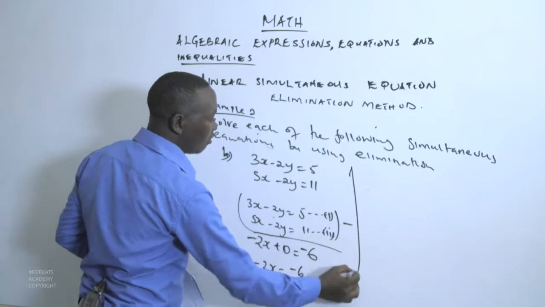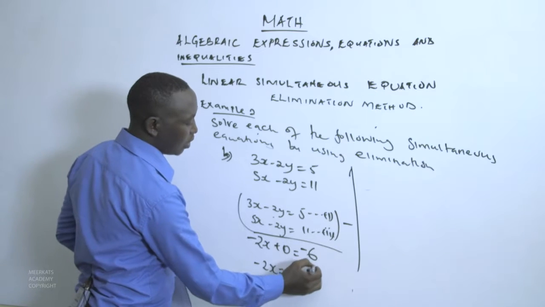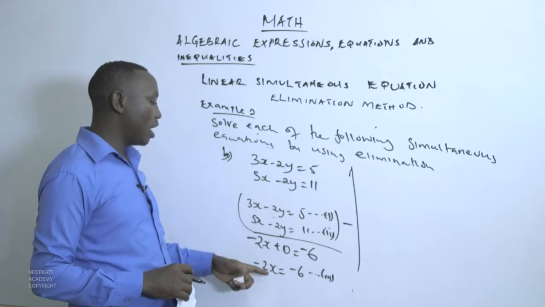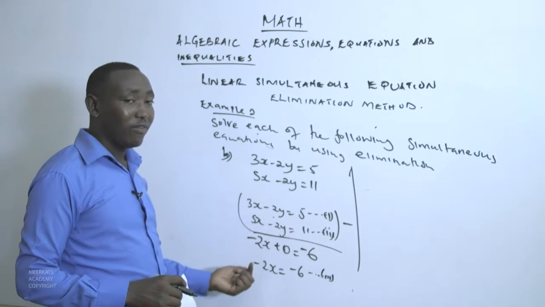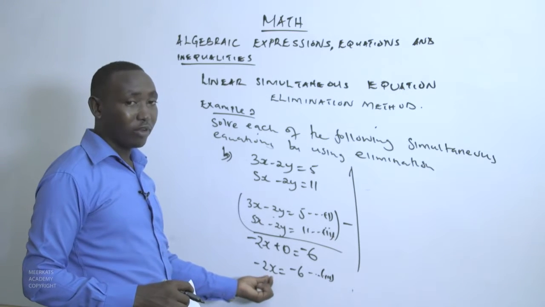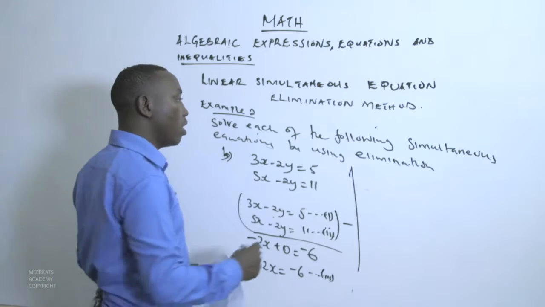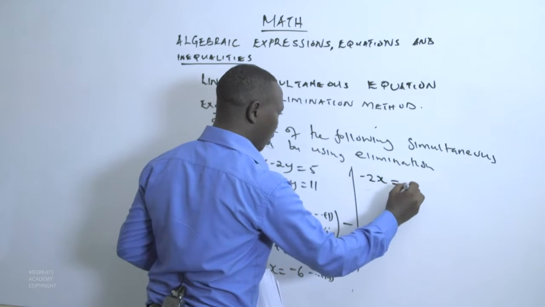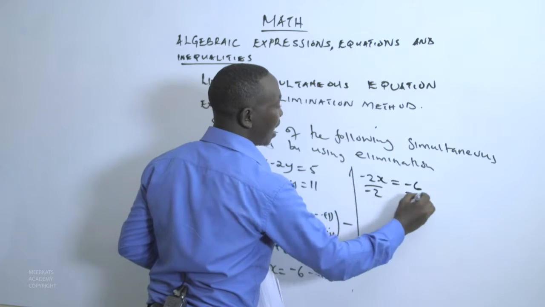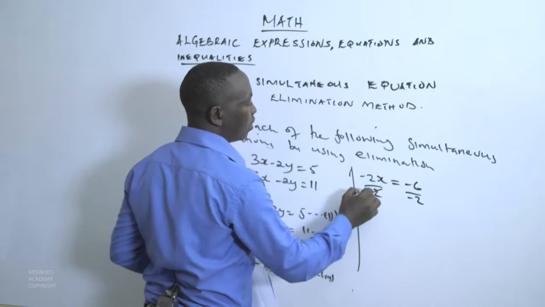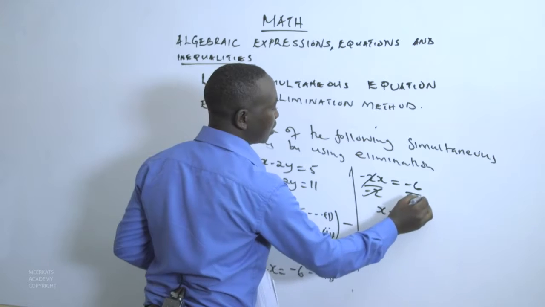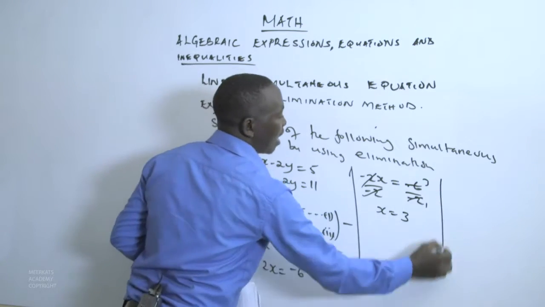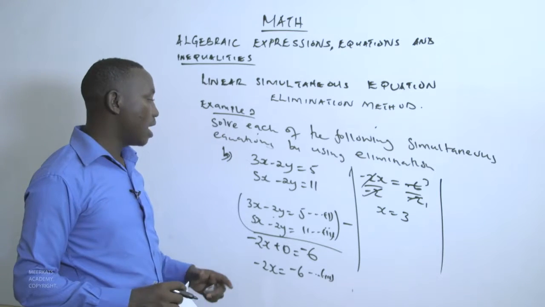We can solve this by dividing both sides by the coefficient of x, which is negative 2. This gives us that x is equal to 3, and therefore the value of x is 3.